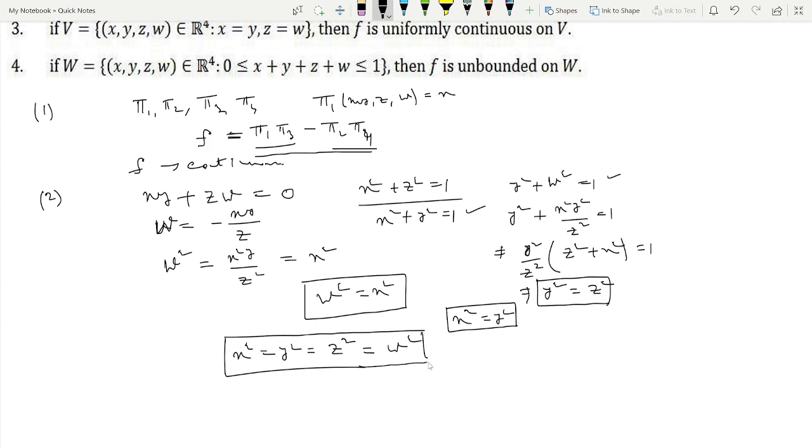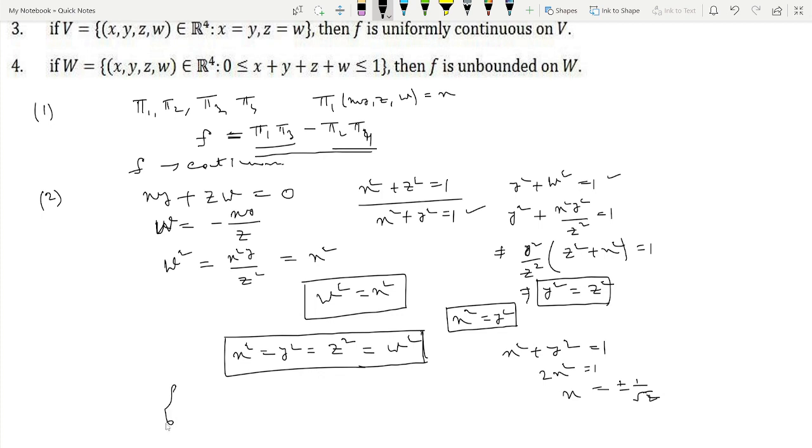Such x, y, z, w in this domain satisfy these conditions, and also we have x square plus y square equal to 1. So putting y square equal to x square, we have 2x square equal to 1, and x equals plus minus 1 by root 2. So all these x, y, z, w are only plus minus 1 by root 2.